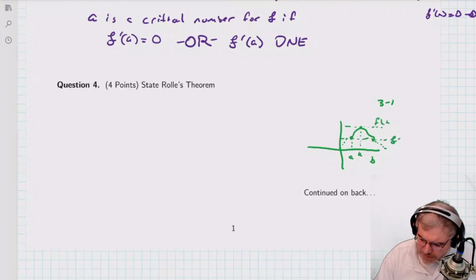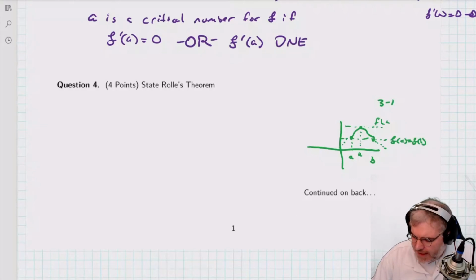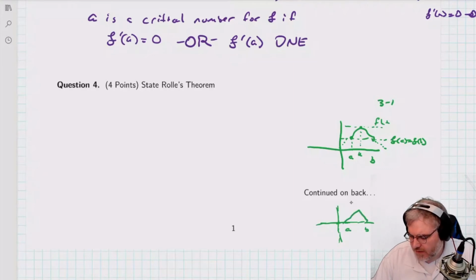F of A equals F of B. And then I have a bad, right? I've got this, and then I've got a bad: not differentiable. And then I've got another bad, something like this. Right? We're not at endpoints.